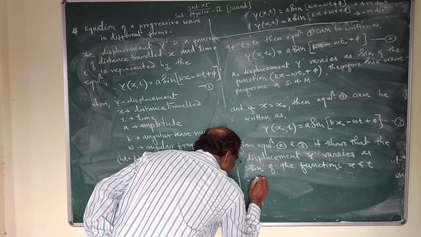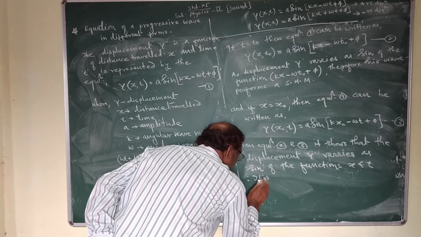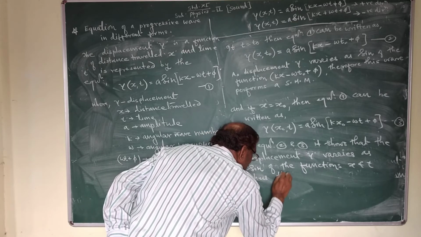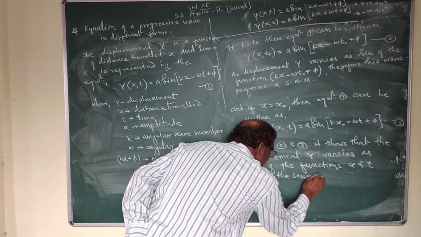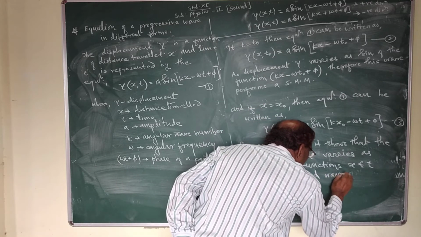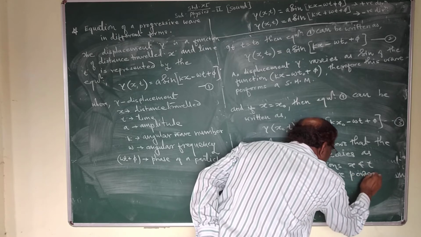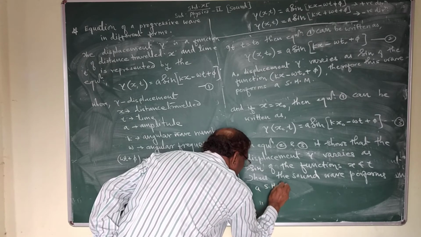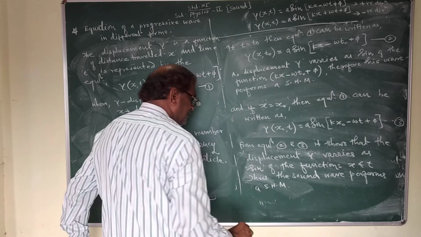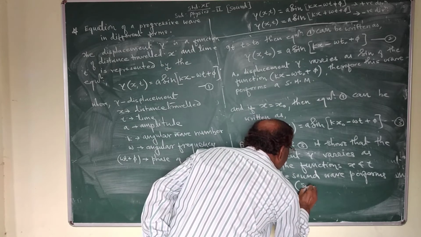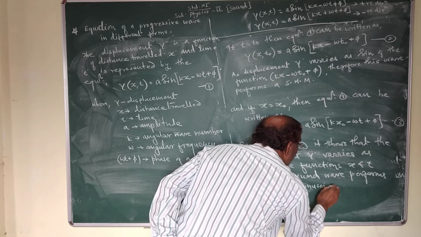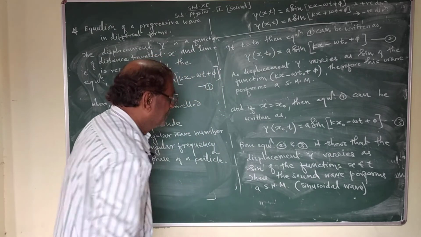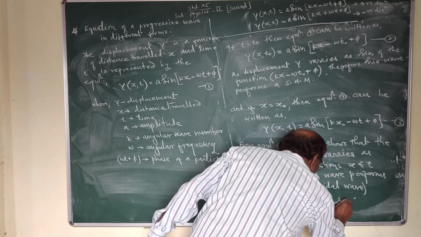Therefore, this sound wave performs a simple harmonic motion. That is, this wave is called a sinusoidal wave. This is the equation for a progressive wave.